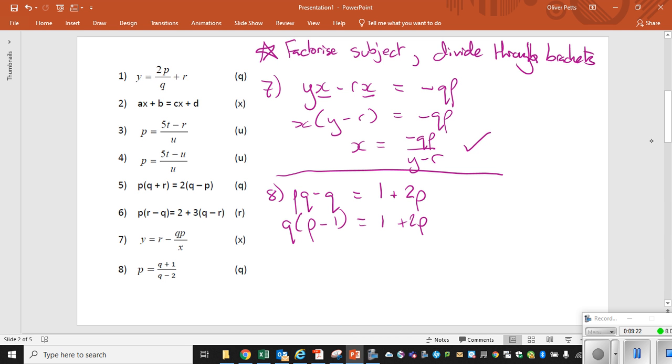In question 8, dividing through our brackets. Oops, p minus 1. We don't need to leave the p minus 1 in brackets. It's all underneath our denominator, so we can leave it outside of brackets. If you want the brackets there, you can. But now we've made Q our subject, everything else not involving Q on our other side, and we finished question 8.